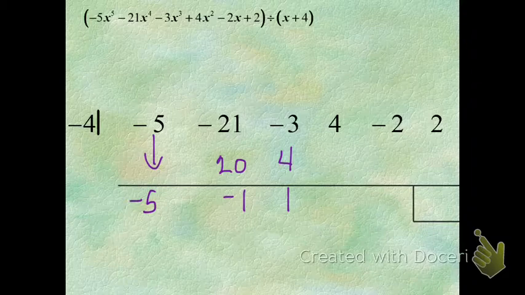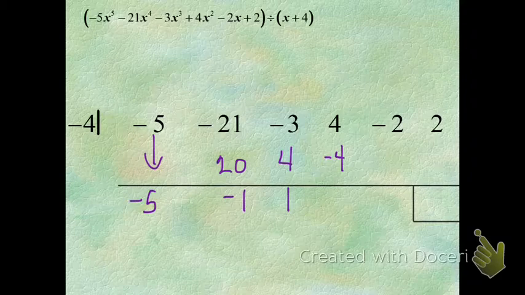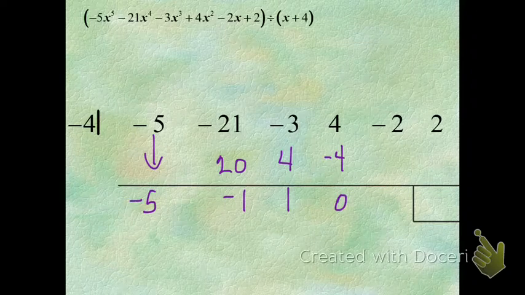Okay. Again, the -4 times the 1 is -4. Put it under your next term. 4 plus -4 is 0. So we're going to lose a term, right? You can already see we're losing a term. 0 times the -4 is 0.